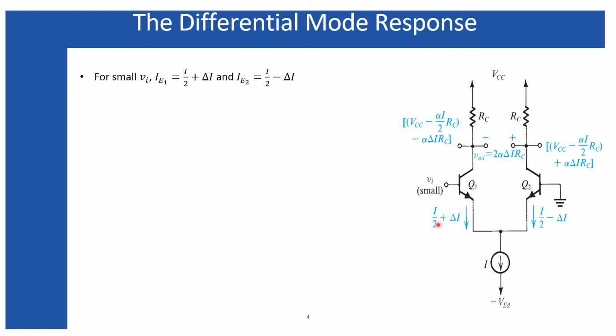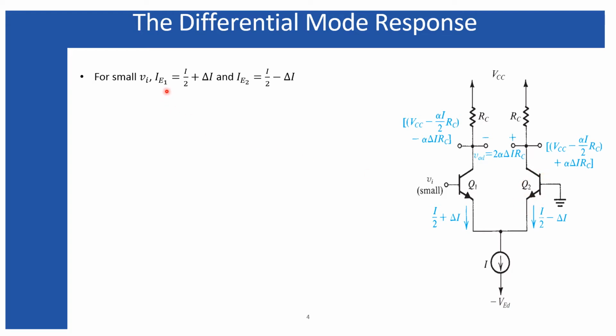So this bias current is I by 2, here also I by 2, but since the differential voltage is applied, with positive increment of this differential voltage, a differential current will be added over this I divided by 2 in transistor Q1, whereas due to the application of this positive Vi, a similar magnitude of current will be subtracted from the bias current of I divided by 2 in transistor Q2.